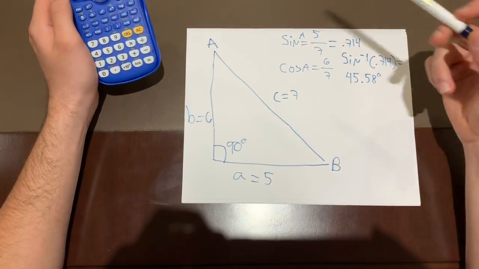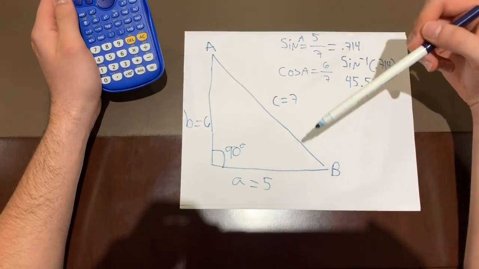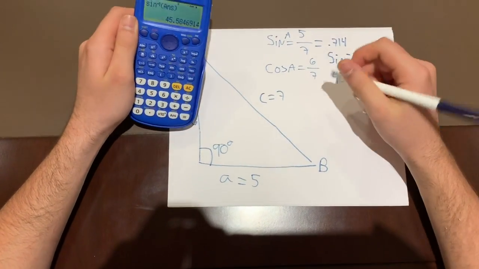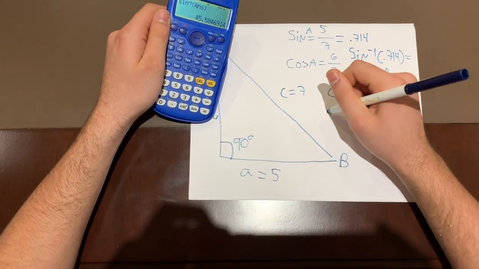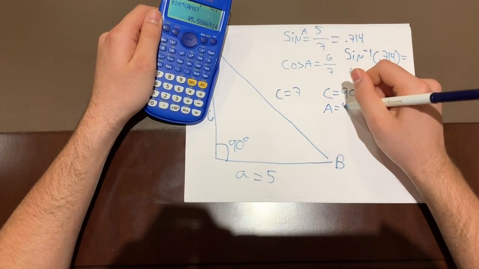So it is obvious that all three angles must add up to 180. So now we got angle C, which is equal to 90. We got angle A, which is equal to 45.58.